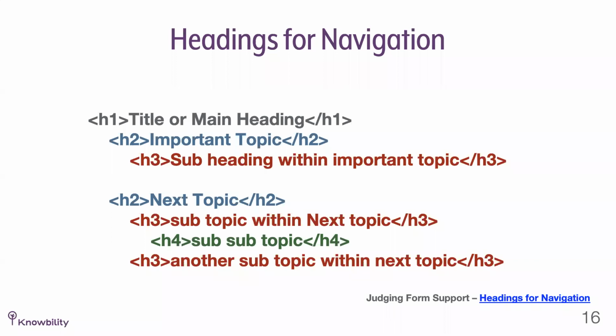If you have another heading within a topic, then you go down another level, in this case, H3. And then when we go back up to a high level topic again, we're at H2. We go down to H3 to talk about different subtopics. And then if necessary, we add a subtopic with an H4.